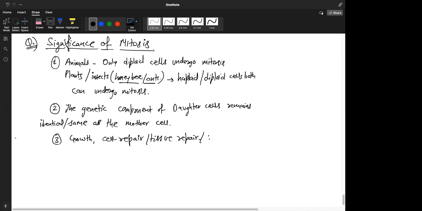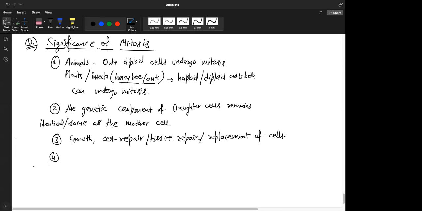And replacement of cells. You know, every time you eat something, you are scratching the outermost lining of your food pipe, small intestine, large intestine, every time, no matter how soft the food you eat.